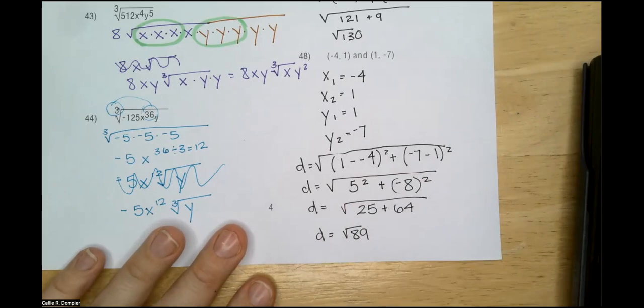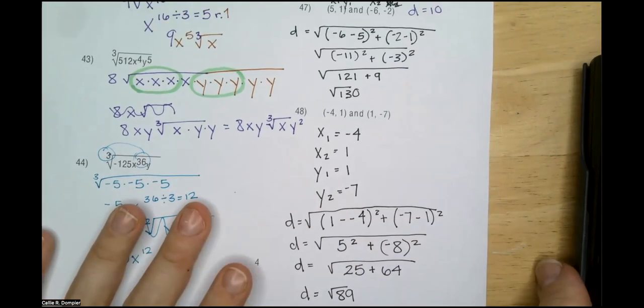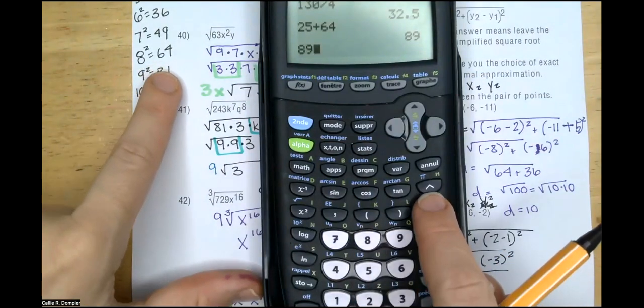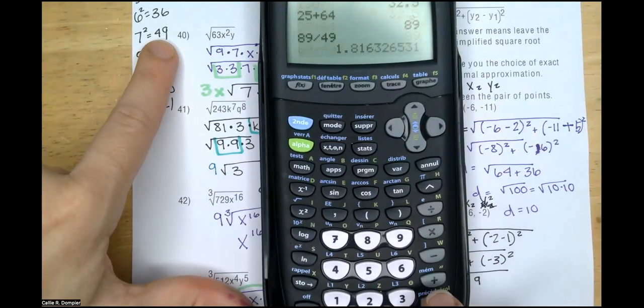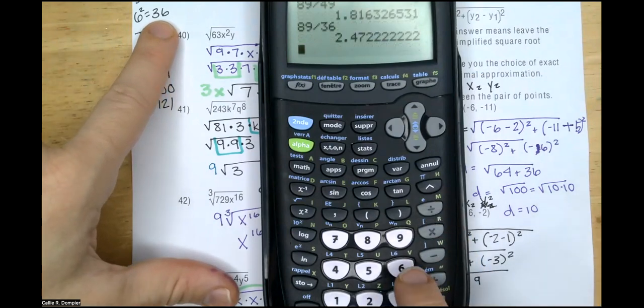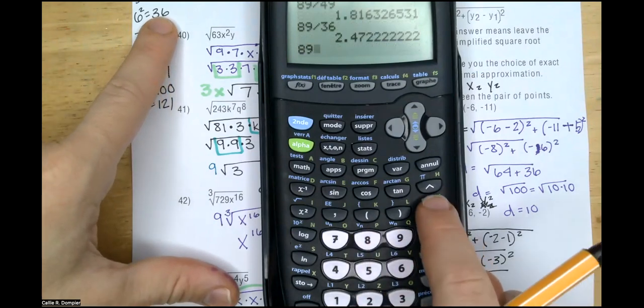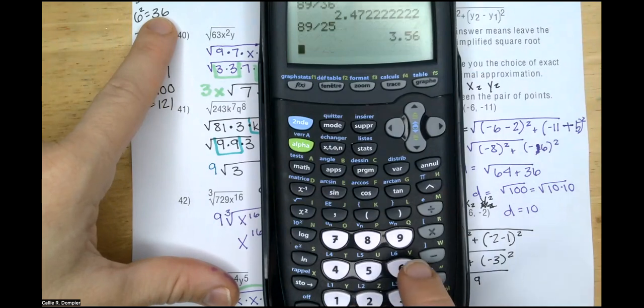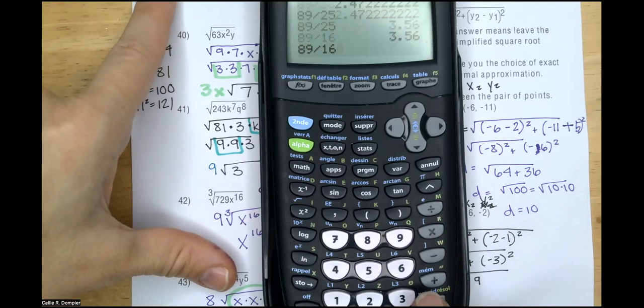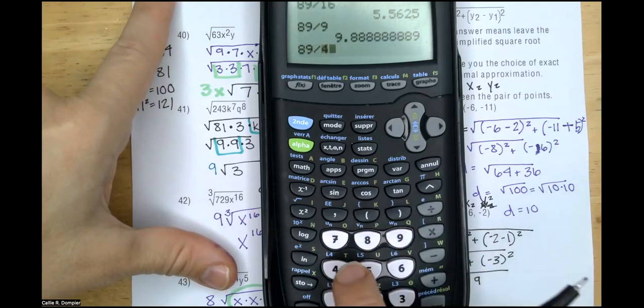And then just to make sure we can't simplify 89, we're going to go down the list and say 89 divided by 49? No. 89 divided by 36? No. 89 divided by 25? 89 divided by 16? 89 divided by 9? No. 89 divided by 4?